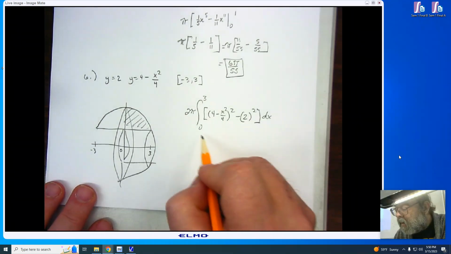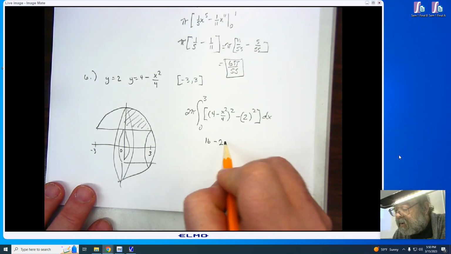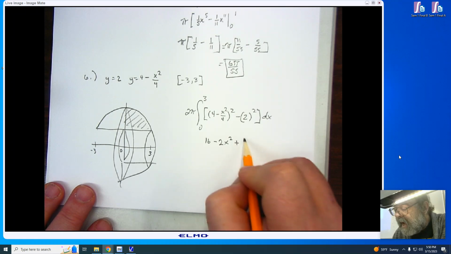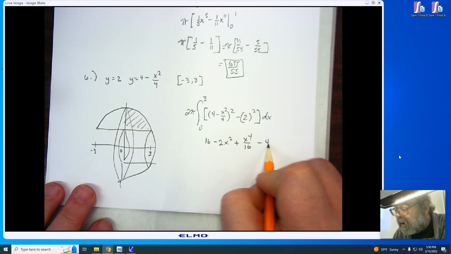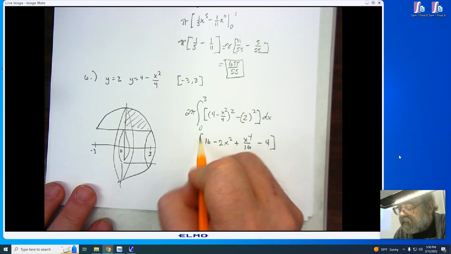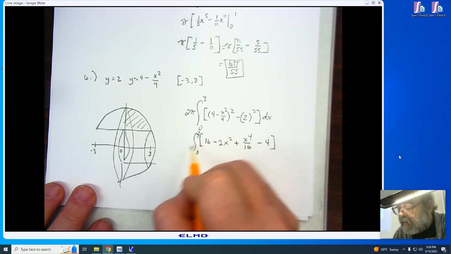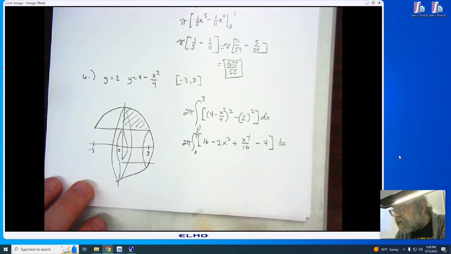Alrighty, here we go. 16 minus, this is giving me 2x squared plus x to the 4th over 16, minus 4, integrated from 0 to 3, 2 pi in front, and dx.